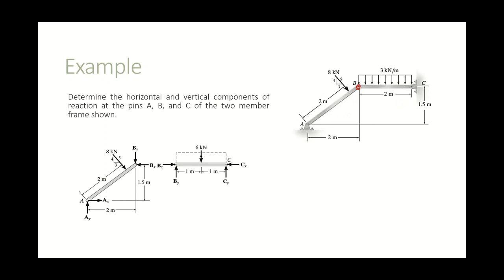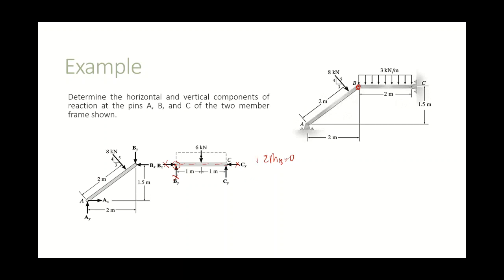Right? If you do summation of moment at B, this will cancel, and you will get the value of your CY. CX is also passing through B, right? It should be a straight line, passing through point B. So, CX cancels. If you do summation of moment at B equal to 0, you will get your CY.